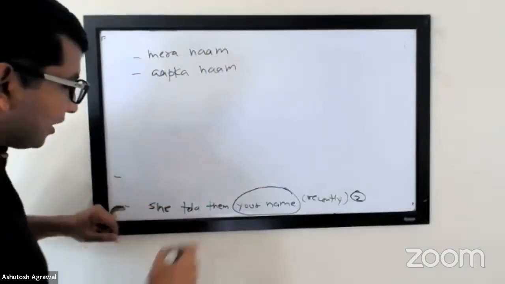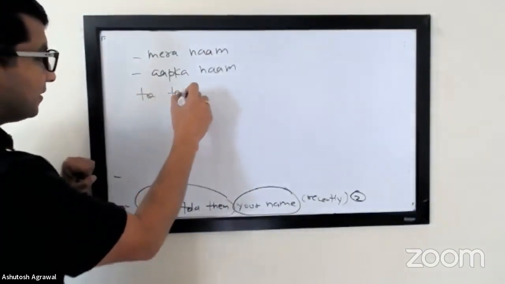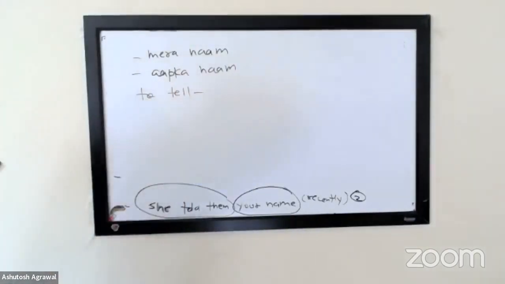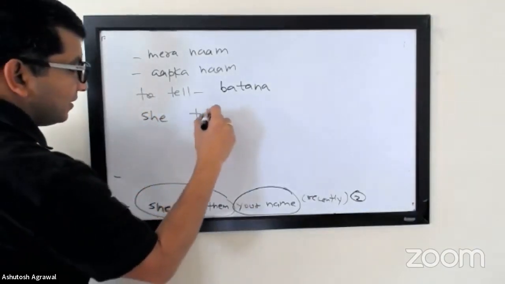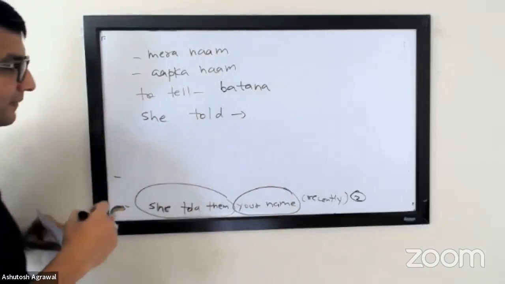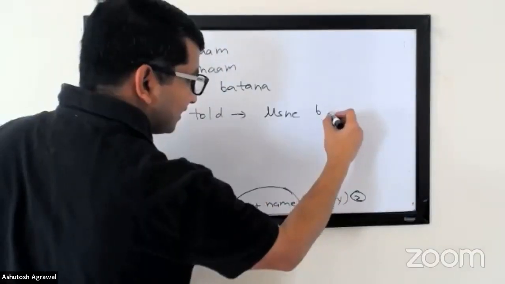She told them. Now do this part. What is to tell? To tell is batana, बताना. And she told would be, it's a transitive word, उसने बताया.